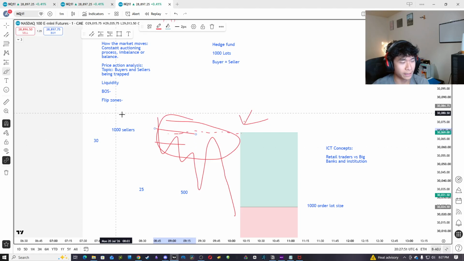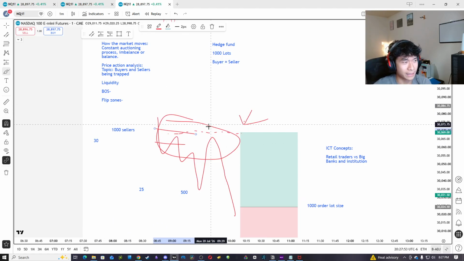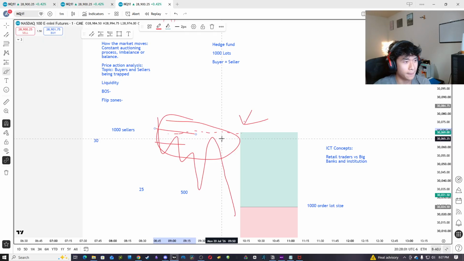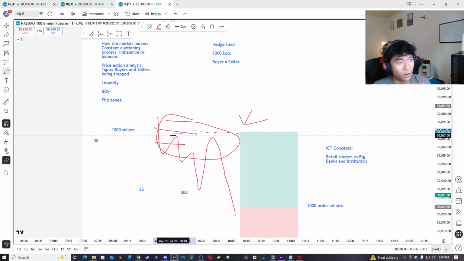Whatever entry model they use, whether it's indicators or price action, something entices them to sell right here, right? So now you have all these sellers here that are involved in a trade, right?